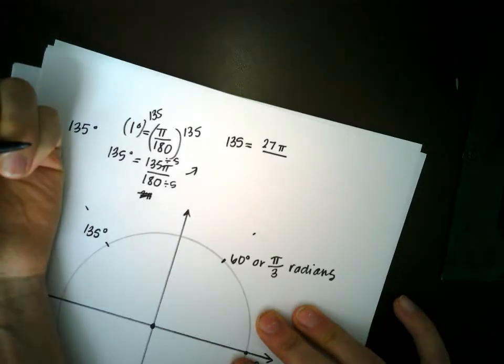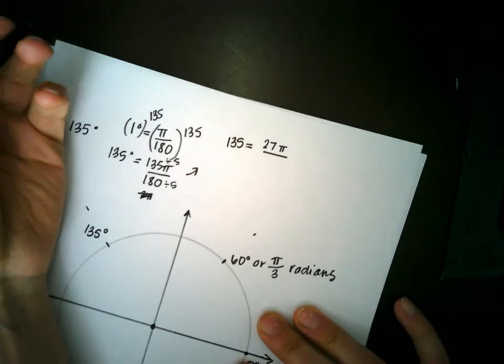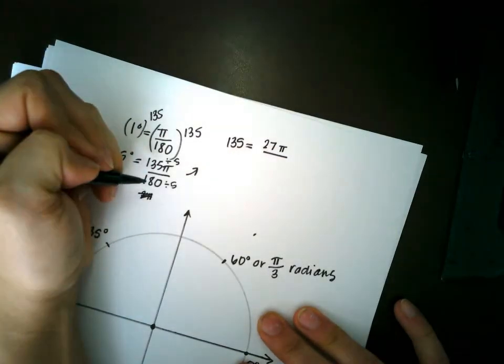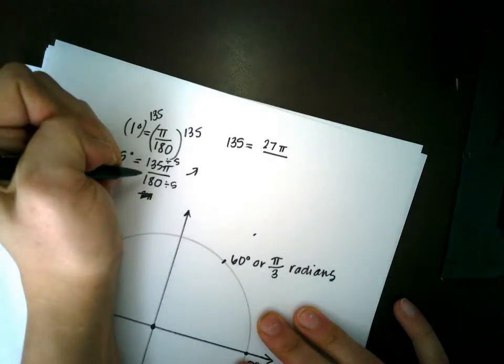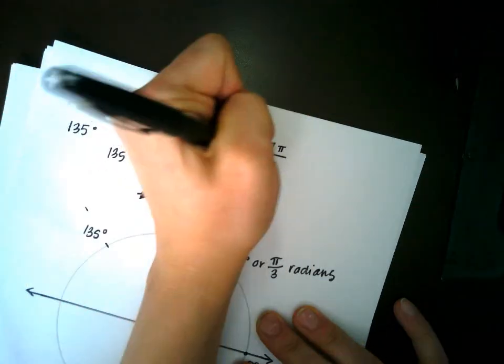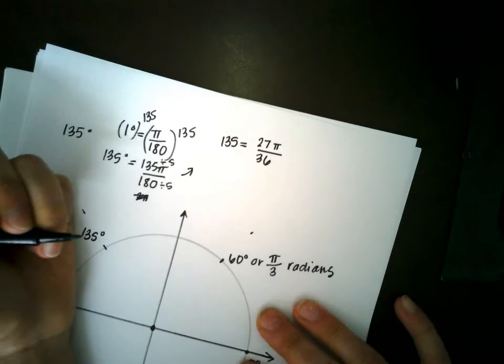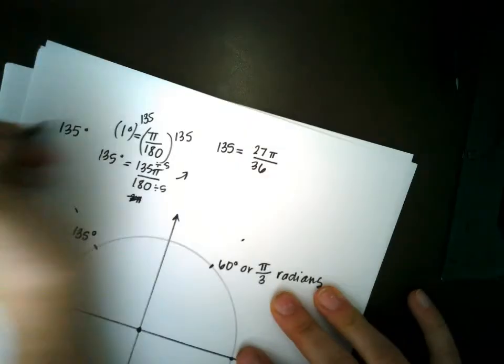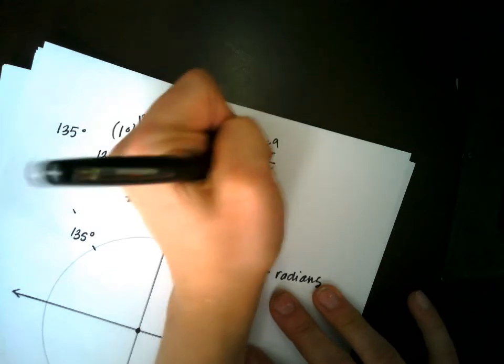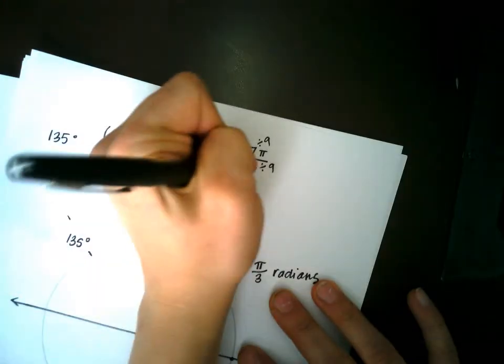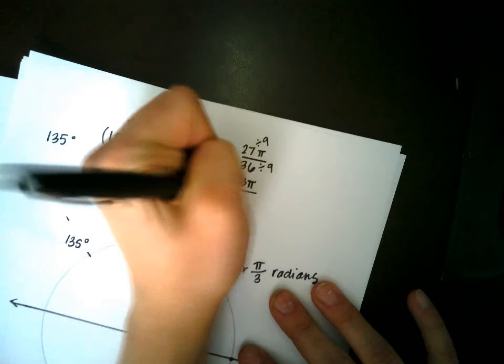And on the bottom, we have 36. Sorry, my brain stopped working for a minute. All right, and then it looks like I can divide more, so let's say I divide both of them by 9 now. And I get 3 pi over 4.